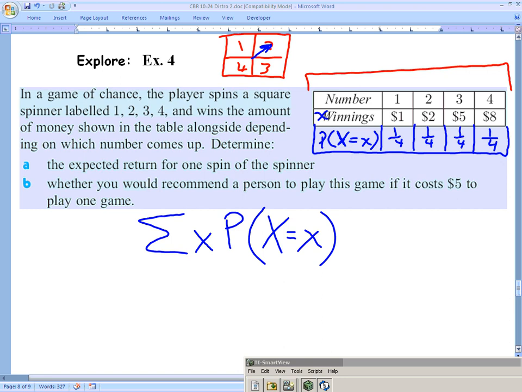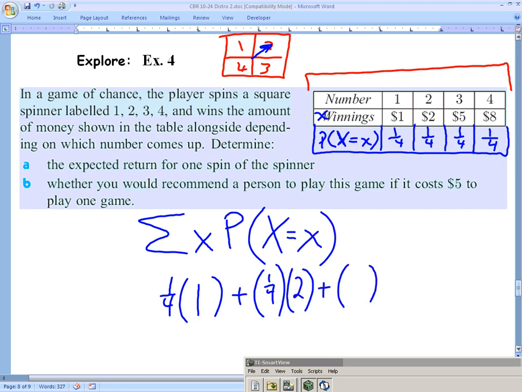So 1/4 times 1 plus, that's what the sigma tells me to do, 1/4 times 2 plus 1/4 times 5 plus 1/4 times 8.